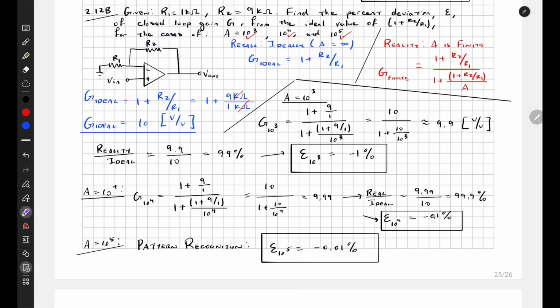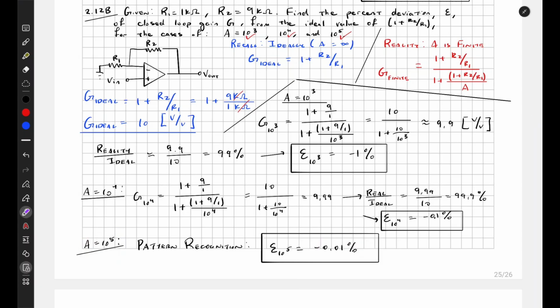Even when A is 10 to the third, which is not infinity, you're only minus 1% error. When A is 10 to the fourth, you're only 0.1% error. And when A is 10 to the fifth, you're only 0.01% error.